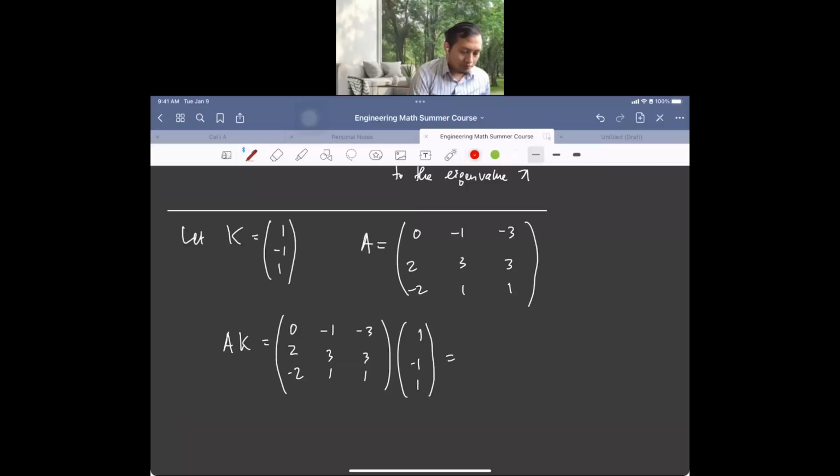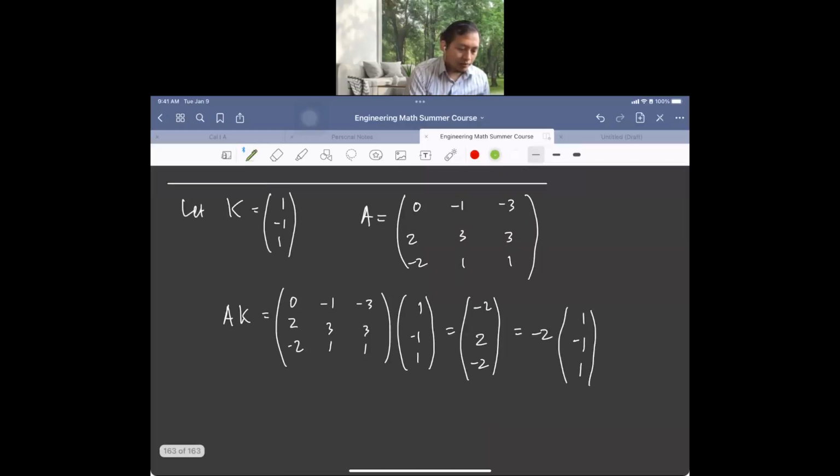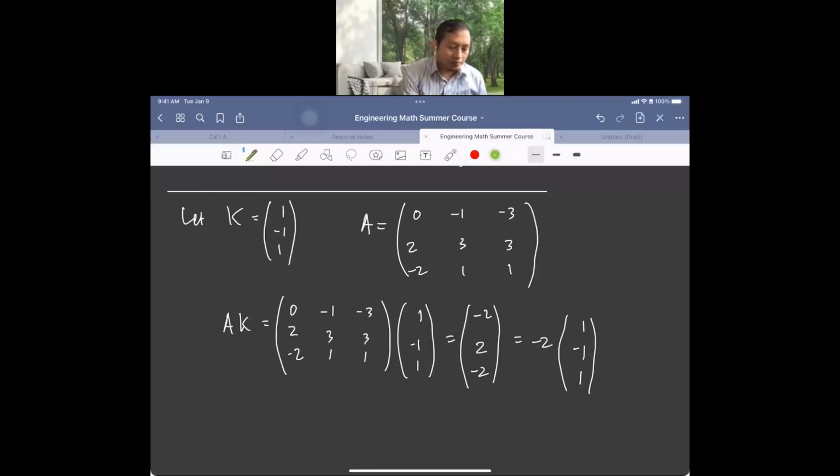The top row: 0 minus 1 minus 1 is minus 2, right? Minus 2 on the top. The second row: 2 minus 3, it's minus 1, plus 3, it's 2. The third row: minus 2, minus 1, minus 3, plus 1 is minus 2. Okay, and then we can factor out negative 2, and we have 1, negative 1, and 1.